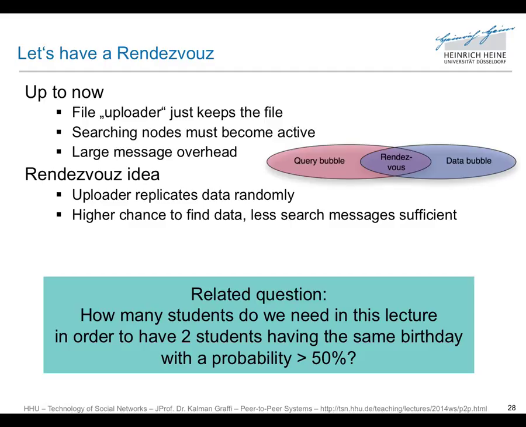It's 365 over 365. Then the next student comes in. So we have already 2 students, and the probability that he has a birthday different from the ones before is 364 over 365.